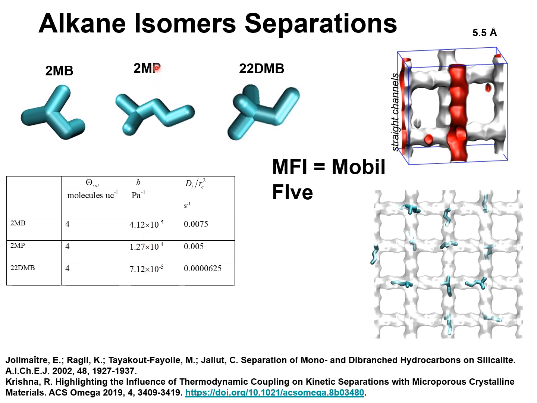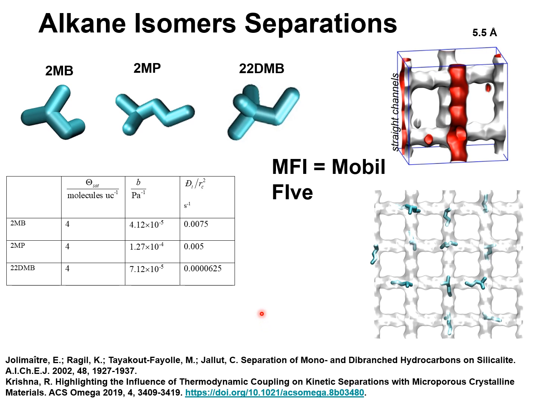And the Langmuir constant for 2-methyl pentane is even higher than that of 2-methyl butane because of improved van der Waals interactions with the channel walls, and the Langmuir constant is 1.27 times 10 to the minus 4 Pascal minus 1.